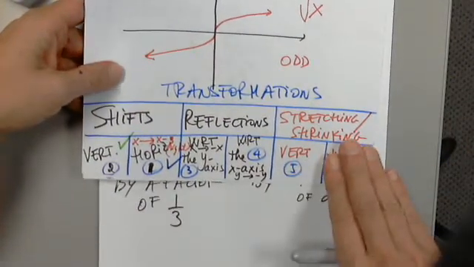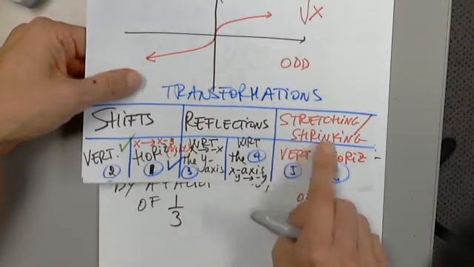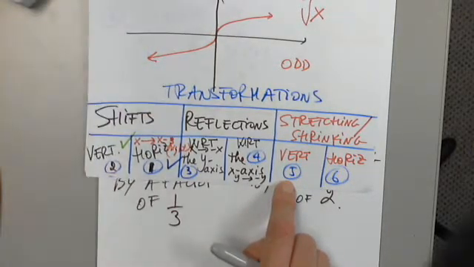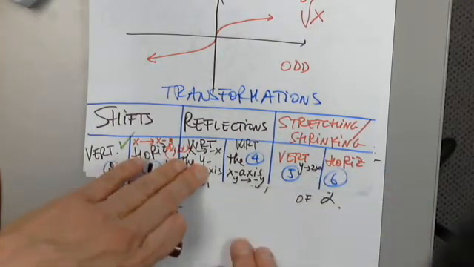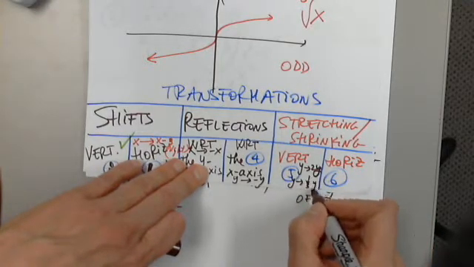We did not discuss number 6 at all. So vertical stretching or shrinking is when I change y into twice y, or a number greater than 1, or when I change y into 1/3 y, 1/4 y. So y into twice y is an example, and y into 1/3 y.